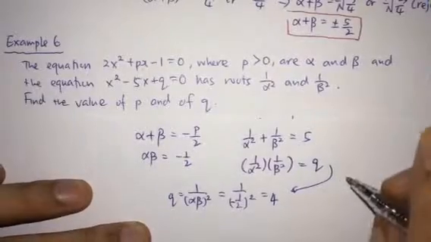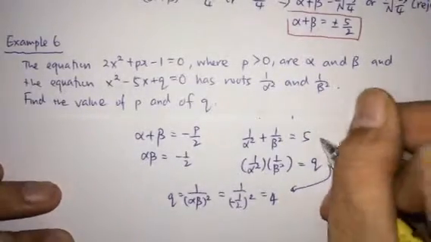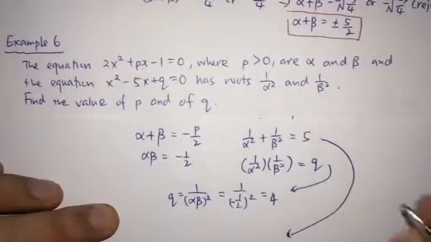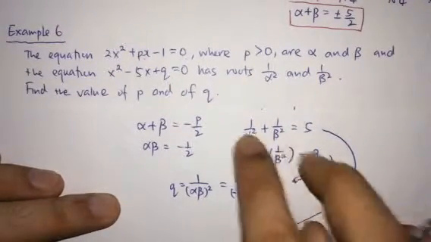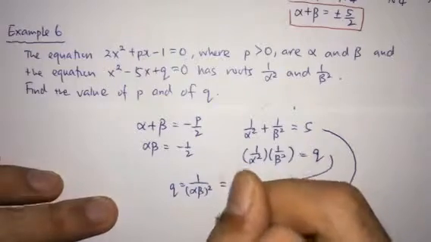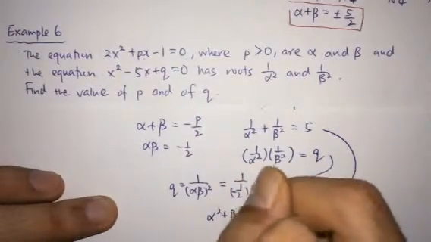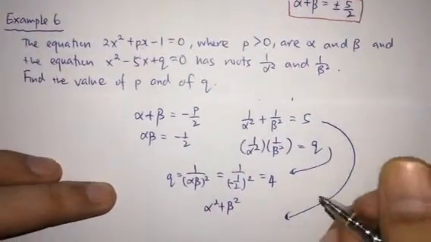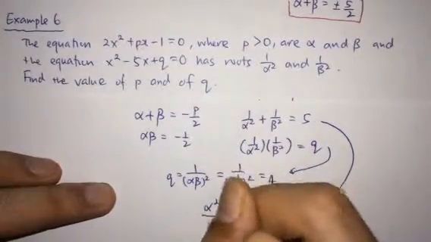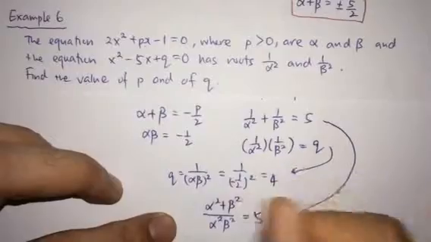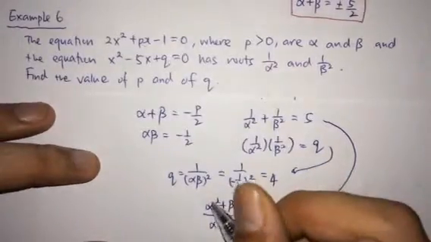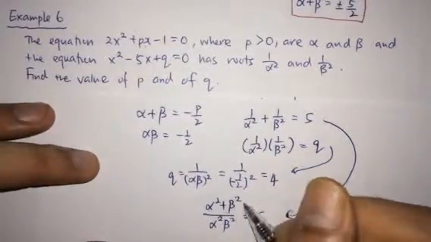Now, in order to find p, we need to make use of this equation. What we can do is combine them together. We end up having alpha squared plus beta squared over alpha squared beta squared equals 5. Looking at this equation, we are required to find alpha squared plus beta squared.